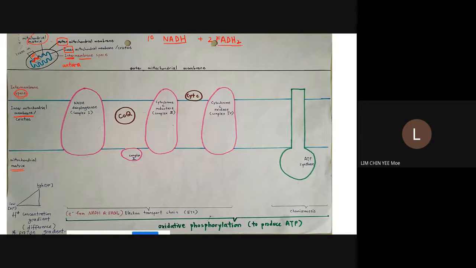NADH dengan FADH2 ini ada high energy electron. Maksudnya kita nak keluarkan energi dari elektron ini. Apa yang kita boleh buat? Kita guna ETC. Nama pun dah lah, electron transport chain. Mestilah specifically for electron transport.